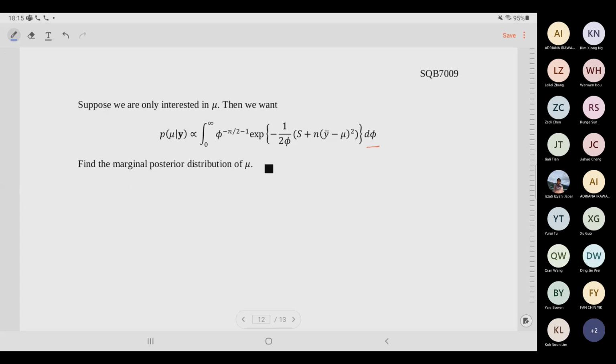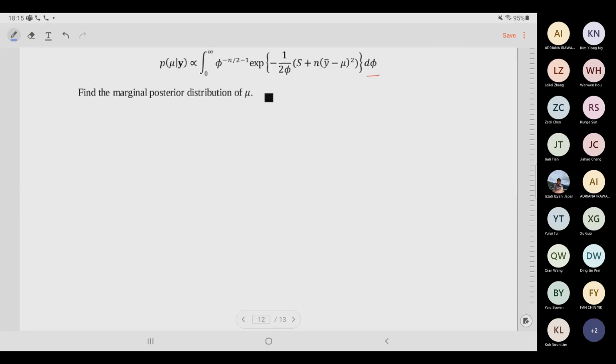And so this will involve some integration. Again, in our course, we have a lot of integration going on and differentiation. Okay, so if we want to find the marginal posterior, right?